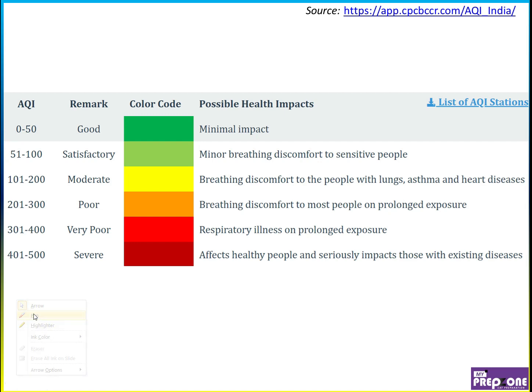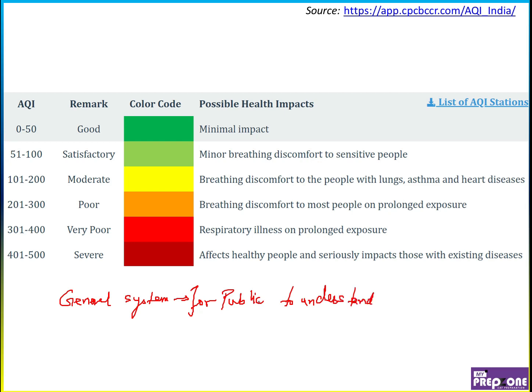This is what is air quality index. Now, air quality index is nothing but a unique methodology, a very general system for the public to understand. Now, if it is general and it is for the public to understand, then what is very special about it?